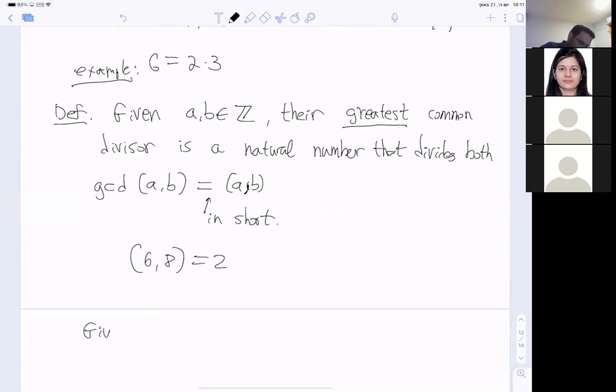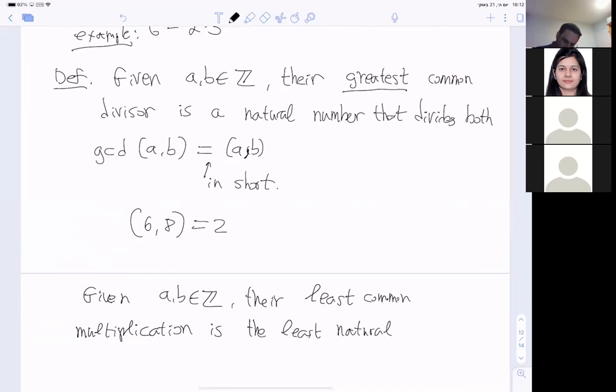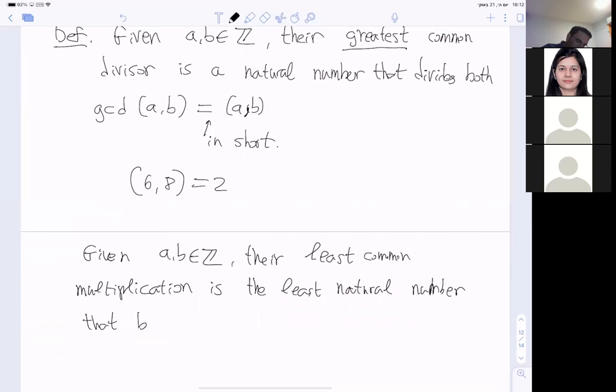Similarly, given A and B in Z, we define the least common multiple as the least natural number that both divide.